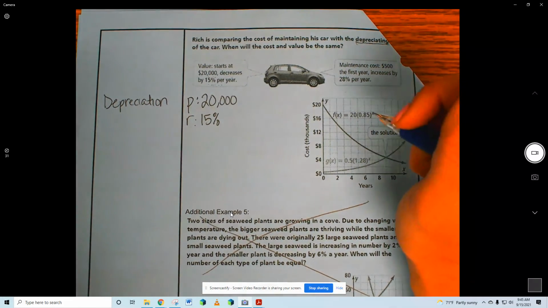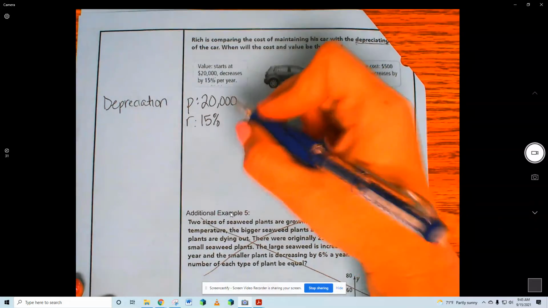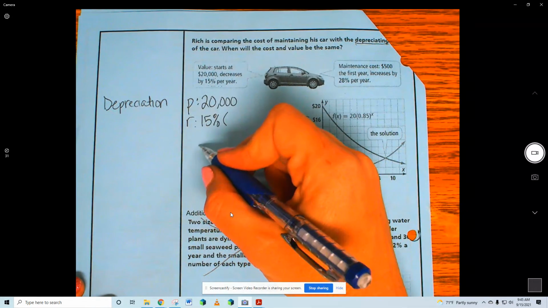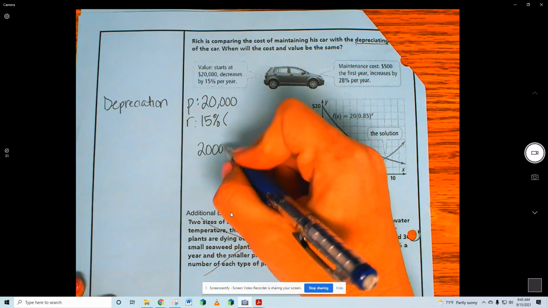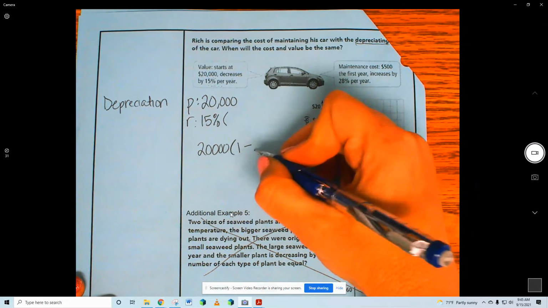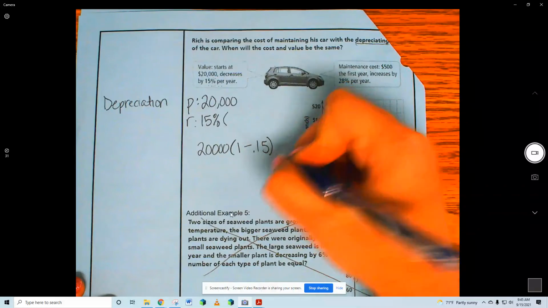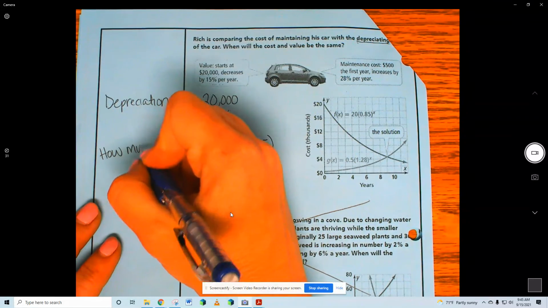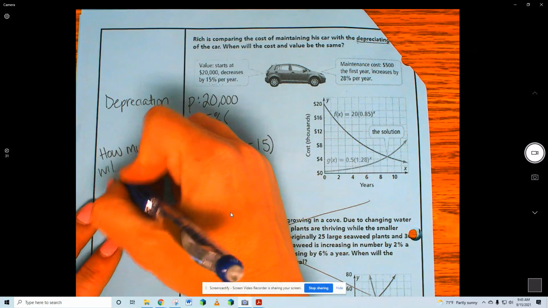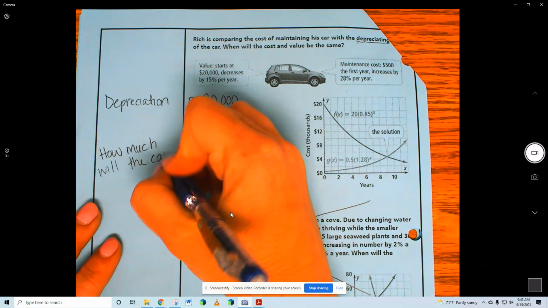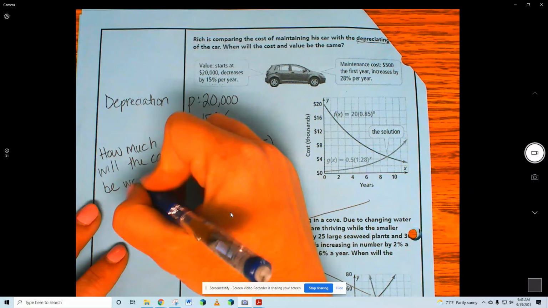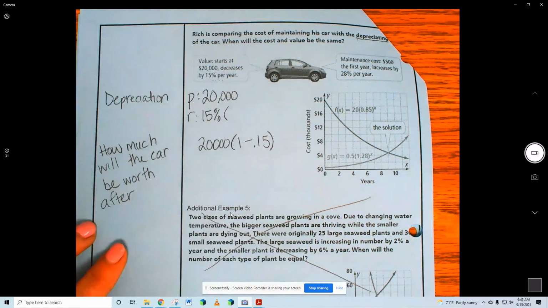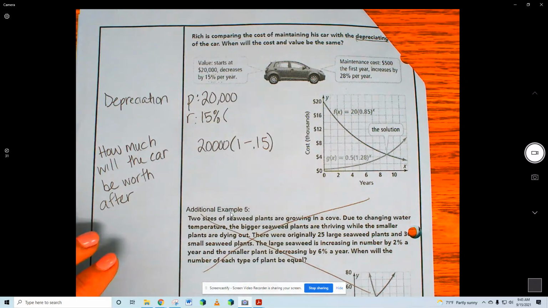Okay. And then I'm going to do the formula. P, 20,000, 1 minus 0.15. And I'm going to ask you, how much will the car be worth after, let's do 5 years.